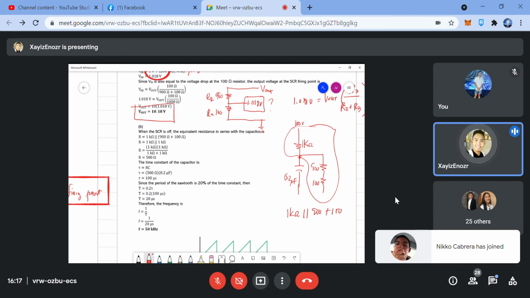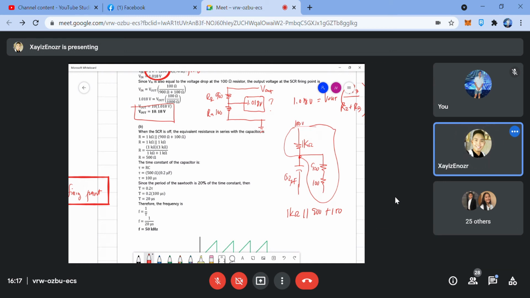Yan. So therefore, para ka may parallel na dalawang 1 kilo ohms. So ang equivalent resistance na ngayon is 500 ohms. So pag i-reconstruct mo yan, okay, may RC network ka na. So kung ito 500 ohms, ito 0.2 microfarad, okay, kasi equivalent resistance ito eh.